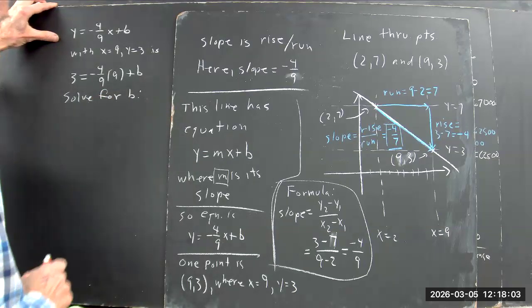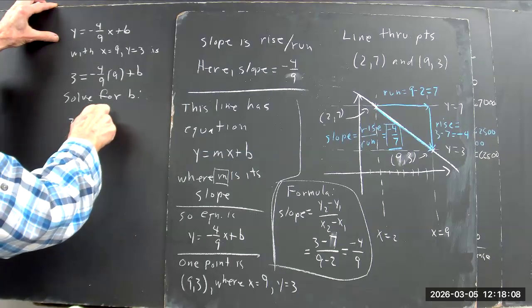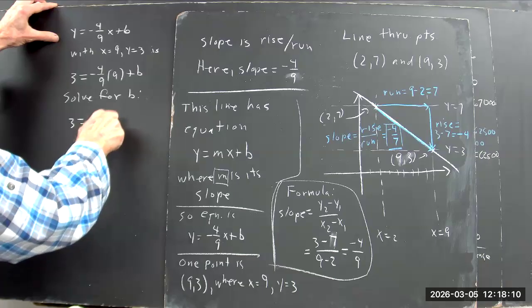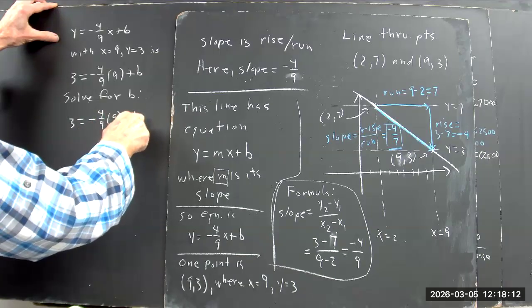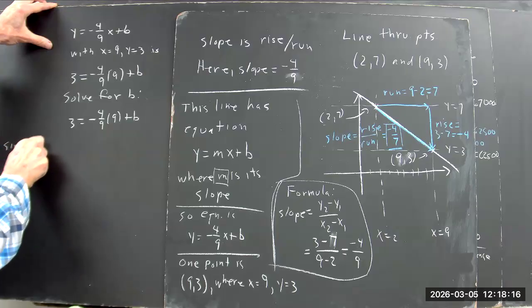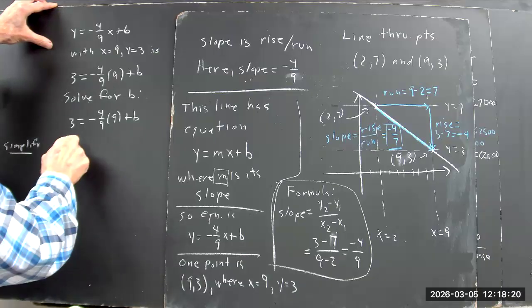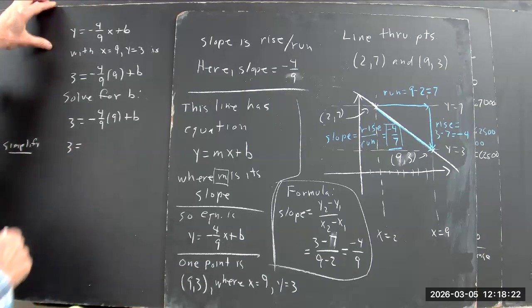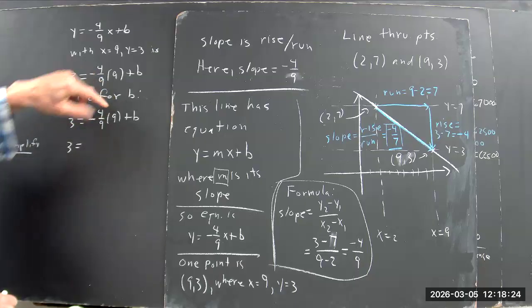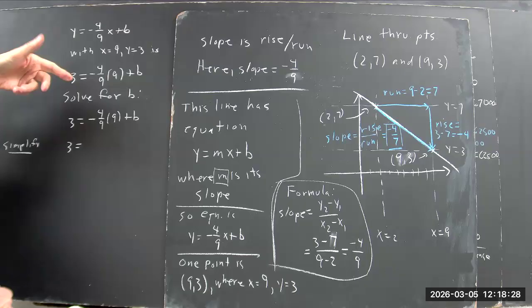Solve for b. Well, let's rewrite the equation. 3 equals negative 4/9 times 9 plus b. Simplify. Well, 4/9 of 9, you've got a 9 in the denominator and a 9 in the numerator of a fraction.